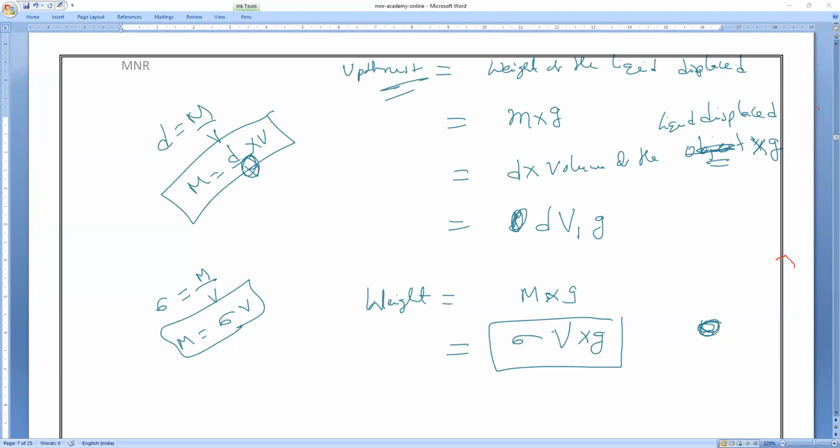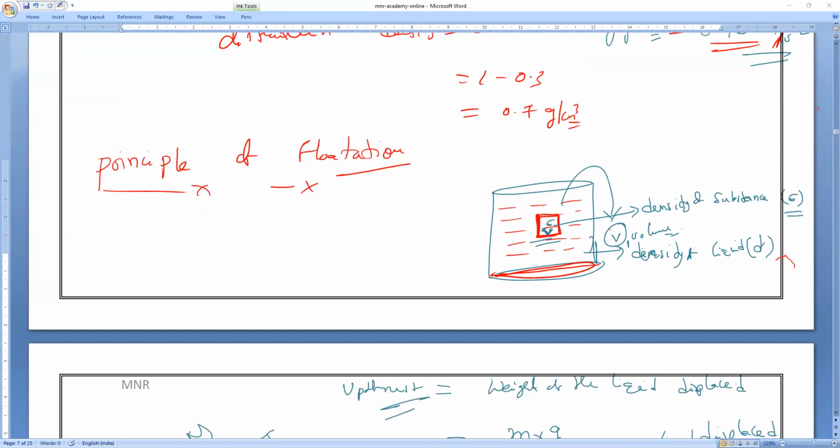Sigma is the density of a substance, because rho you cannot take. I have taken totally 4, guys. Density of a substance is sigma, volume of a substance is V, density of a liquid is D, and volume of the displaced liquid is V1. That's all, everyone.